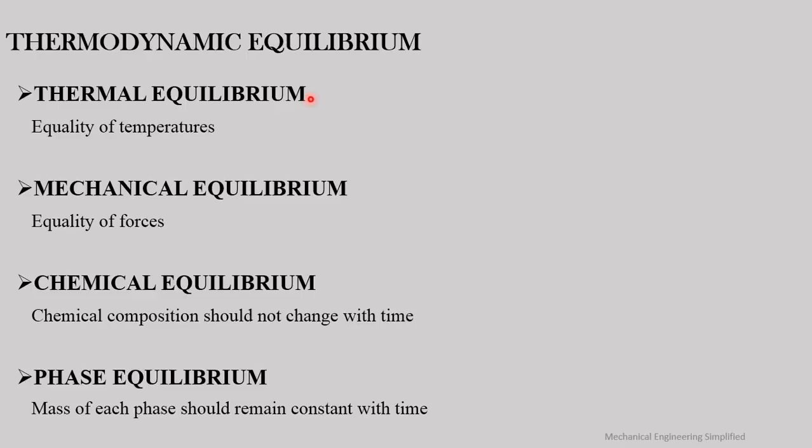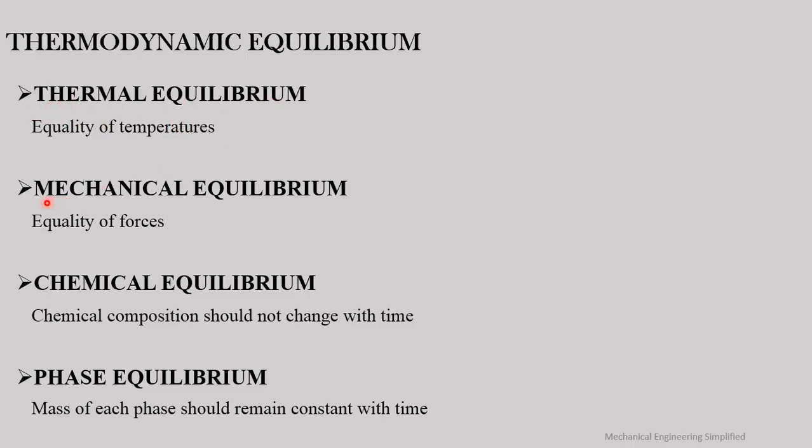If any one of them is not satisfied, we cannot say that the system is in thermodynamic equilibrium. What is thermal equilibrium? Thermal equilibrium means equality of temperatures. If the temperatures are not equal, there will be a heat flow within the system, and in that case we say that the system is not in thermal equilibrium.